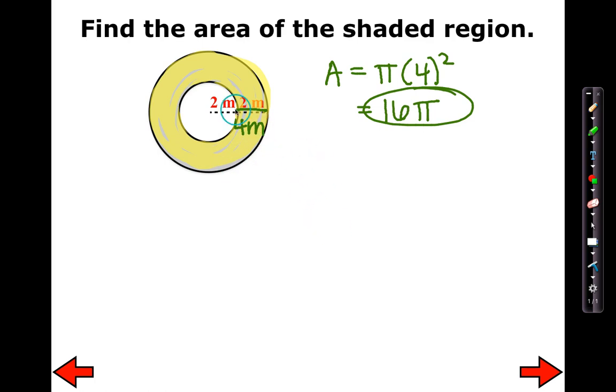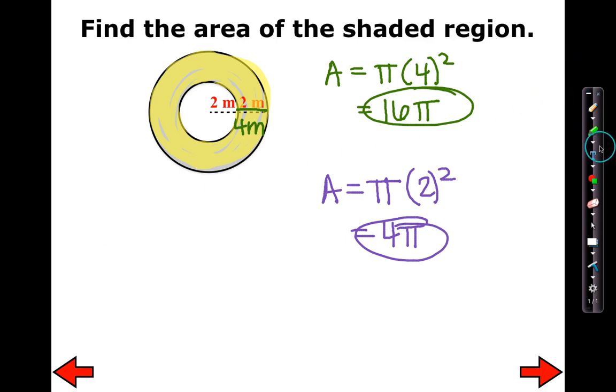So let's do that. We're going to find the area of the smaller circle. Let's change the colors. So the area would be pi radius, which in this case the radius is only 2 squared. So that's going to leave me with 2 squared is 4, so that would be 4 pi.